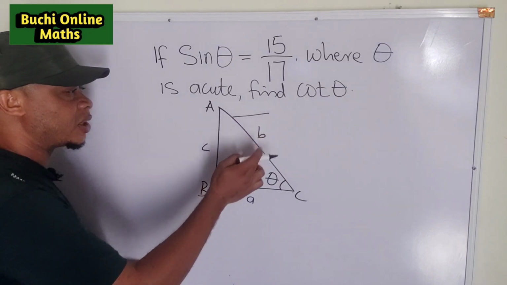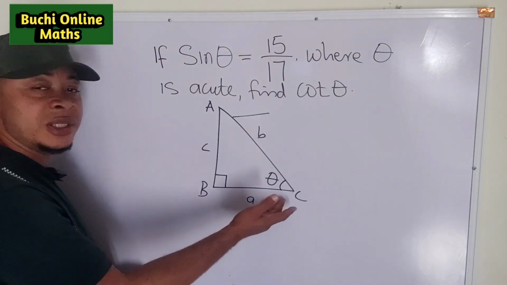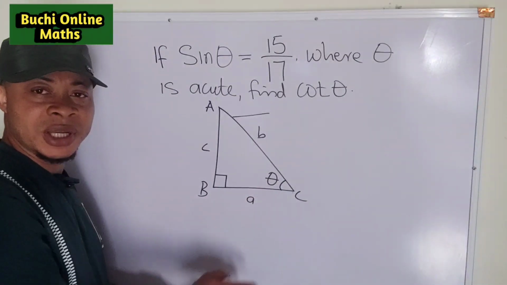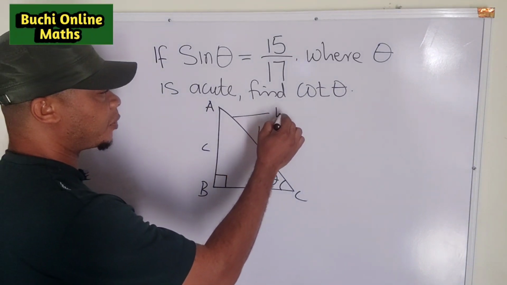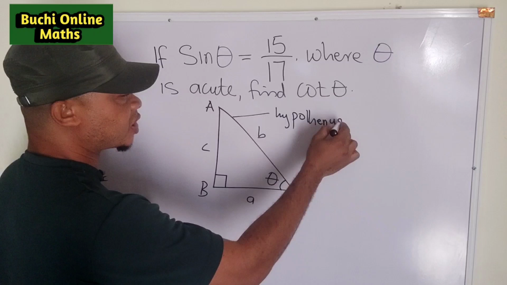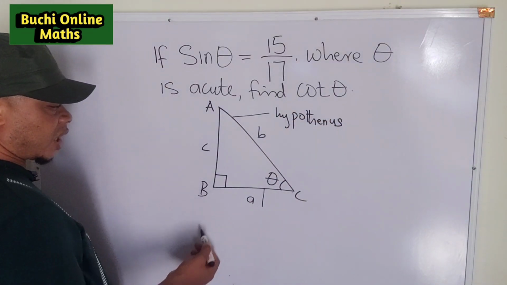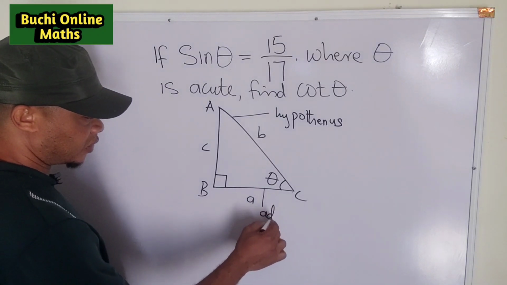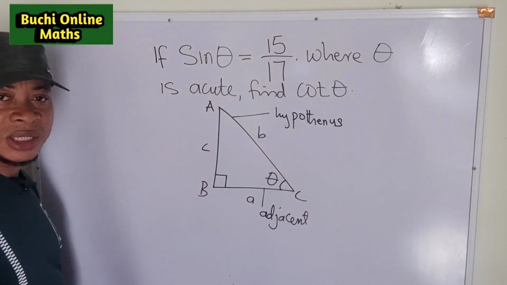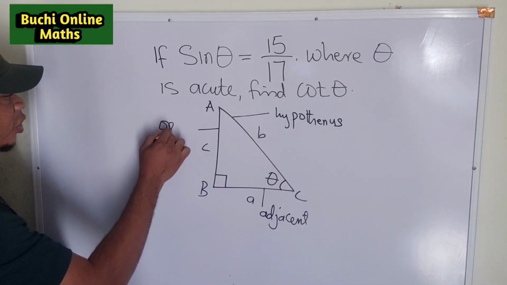The longest side is always the hypotenuse, while the side that bears the angle theta as well as the right angle is the adjacent. Okay, you don't forget this, it's adjacent, while the side that faces the angle theta is called the opposite.